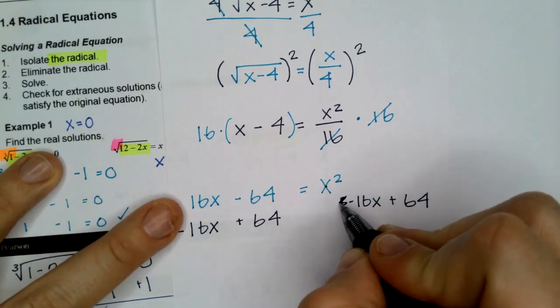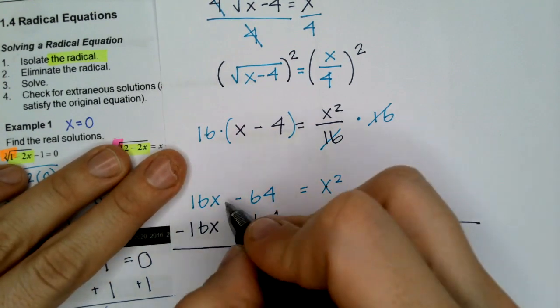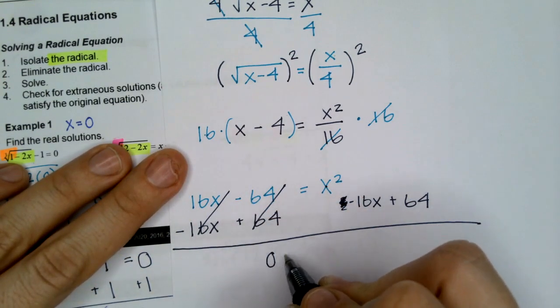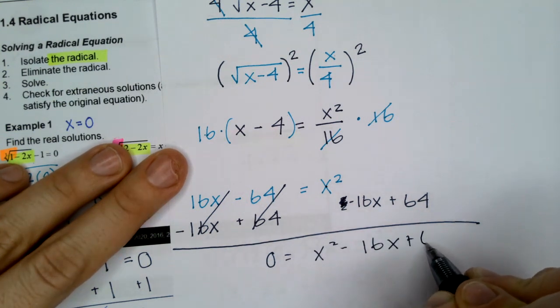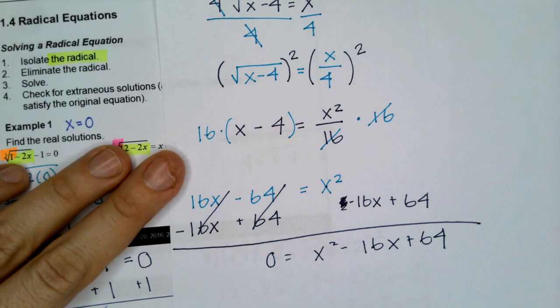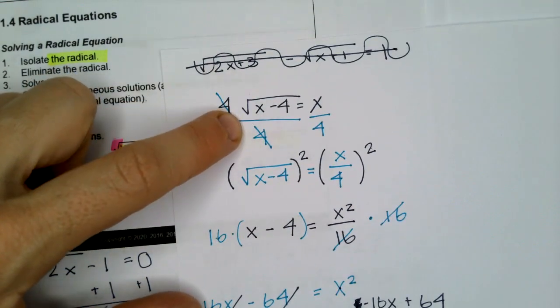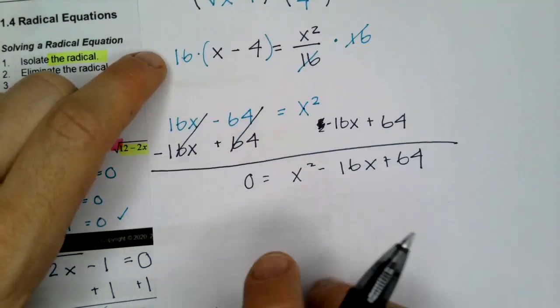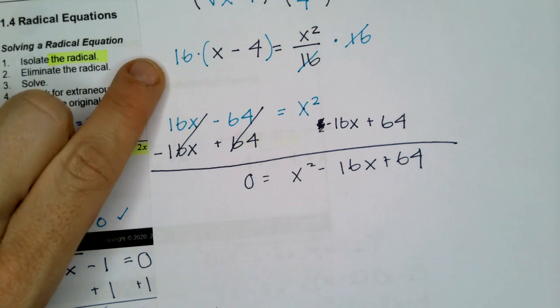That was just a nothing. That was me starting to write a plus when I wanted to write a minus sign. So now I have 0 equals x squared minus 16x plus 64. Is that okay? So from 4 times the quantity square root of x minus 4 equals x, I am now at 0 equals x squared minus 16x plus 64.